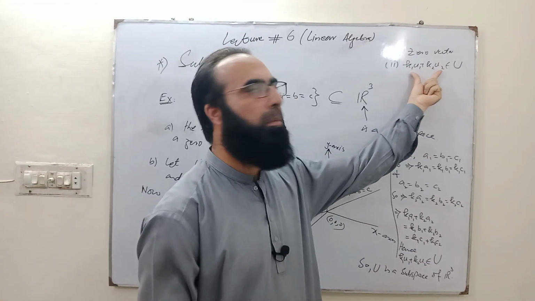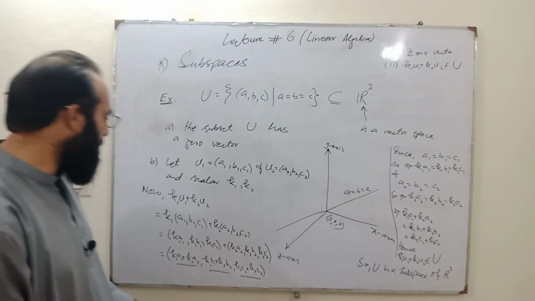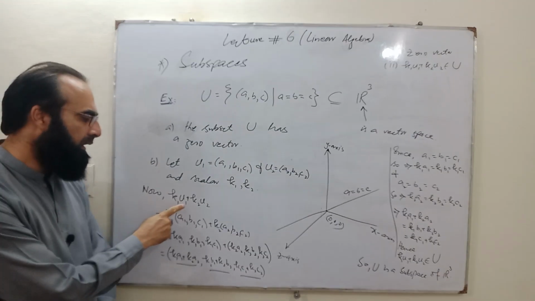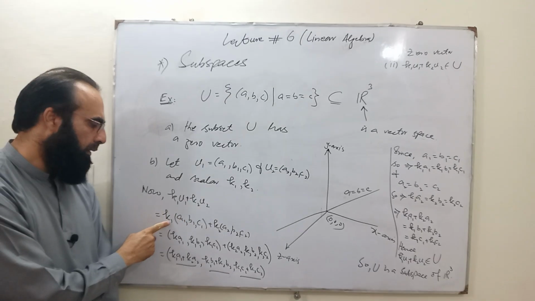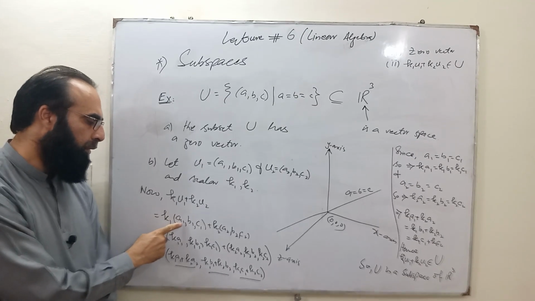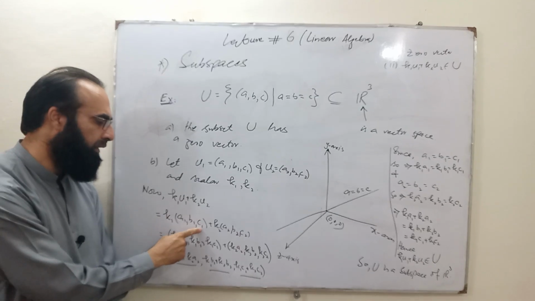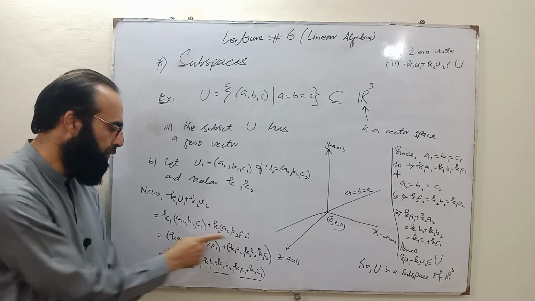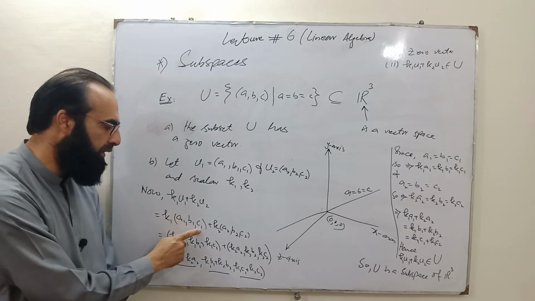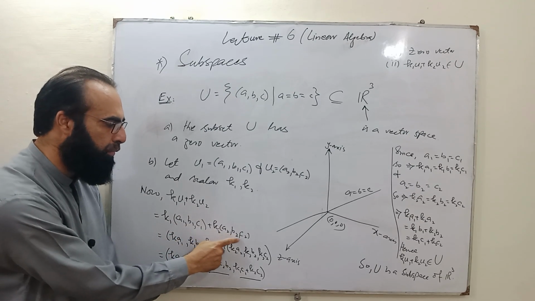And for scalars k1 k2, in the second condition, basically we have to check this result k1 times u1 plus k2 times u2. So let us take k1 times u1 plus k2 times u2: k1 into u1 vector which is a1 b1 c1 plus k2 into u2 vector which is a2 b2 c2. Now multiply k1 with a1 b1 c1 and k2 with a2 b2 c2.